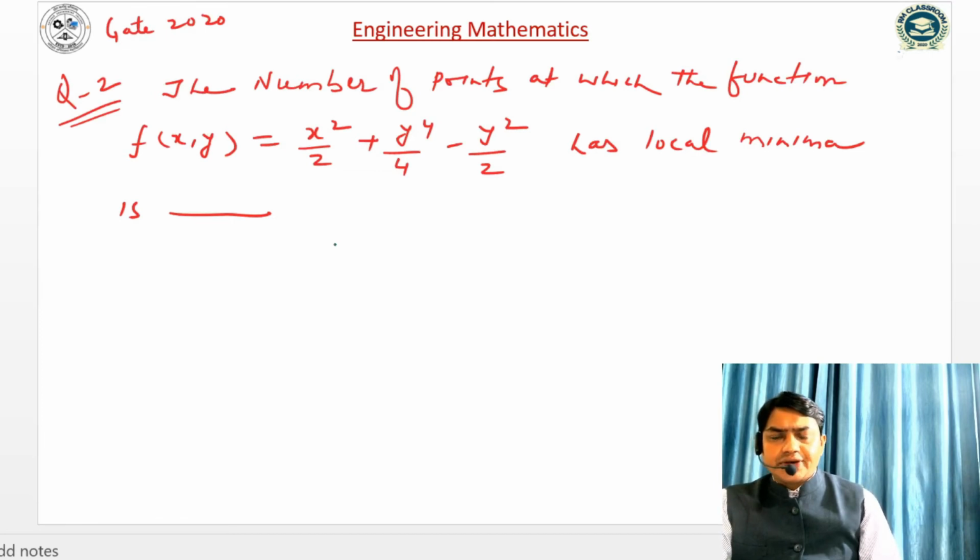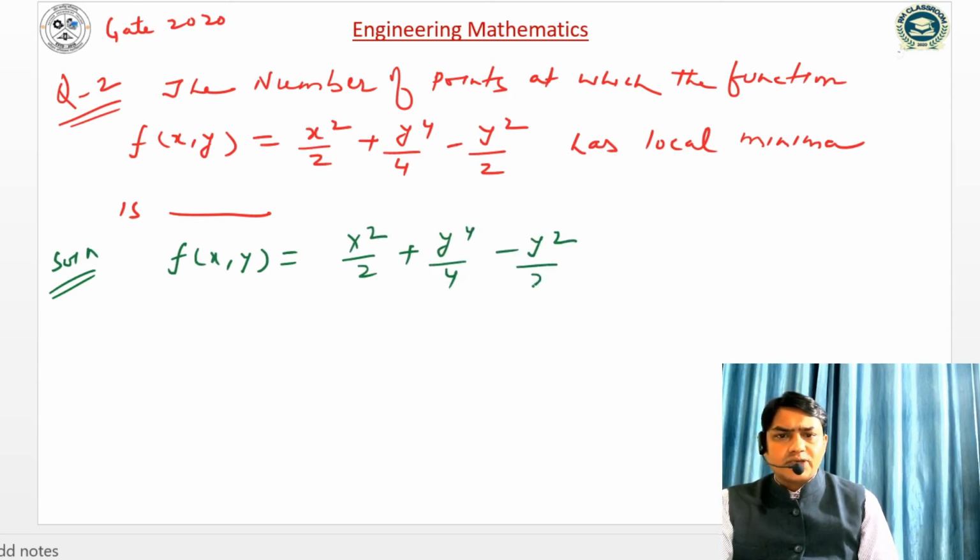Another question was asked in GATE 2020: the number of points at which the function f(x,y) has local minima. How many points does the function attain local minima? So we have to check once again. f(x,y) is x square by 2 plus y4 by 4 minus y square by 2.